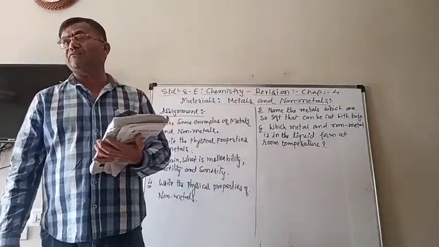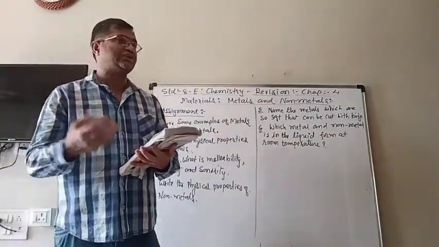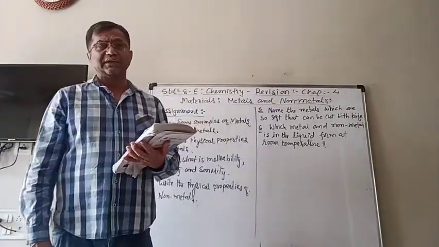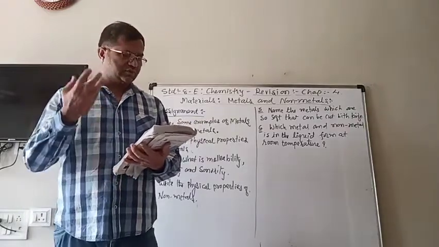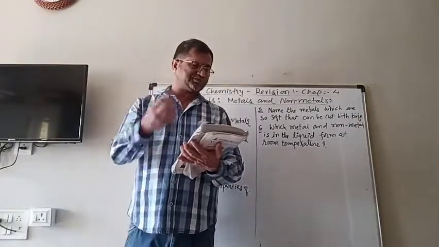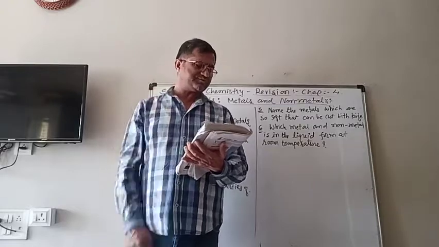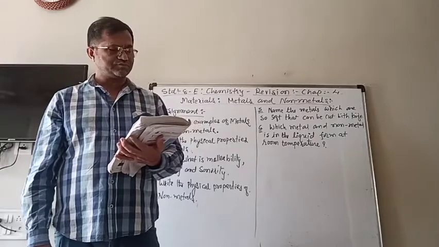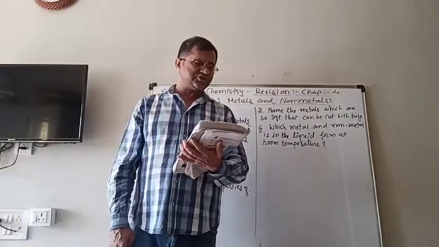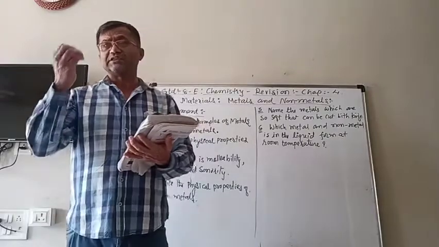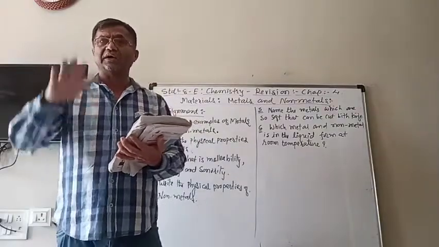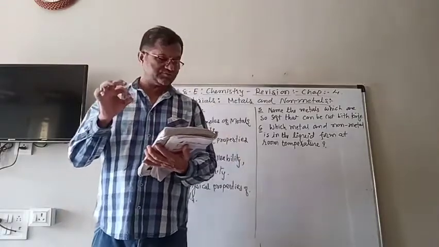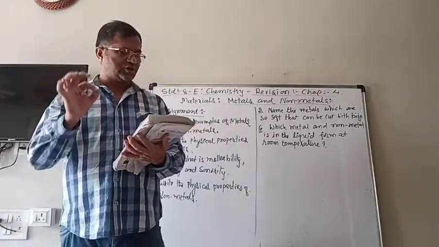Similarly, aluminium foils are very useful in packaging food like chocolates and potato chips, and for wrapping food. That property is due to malleability, means the metals can be beaten or hammered to make thin sheets.